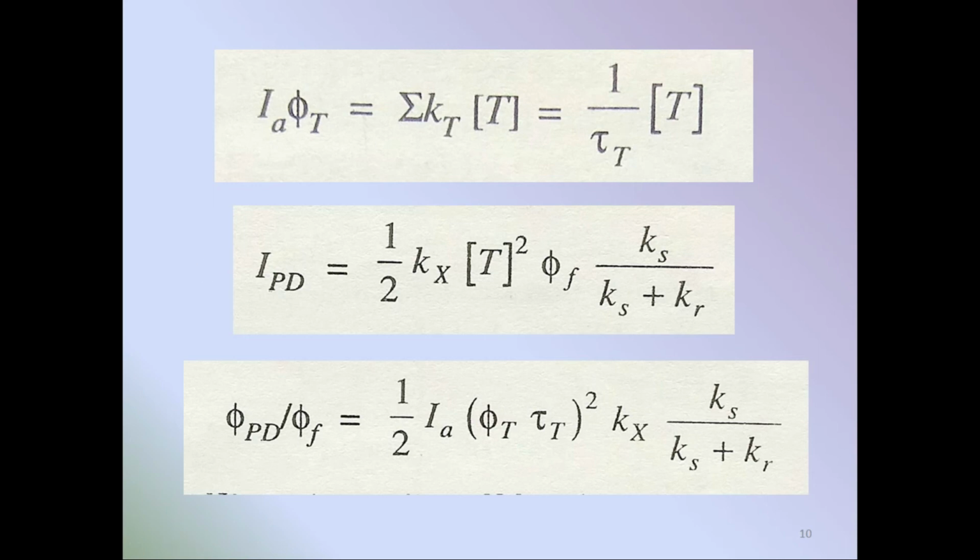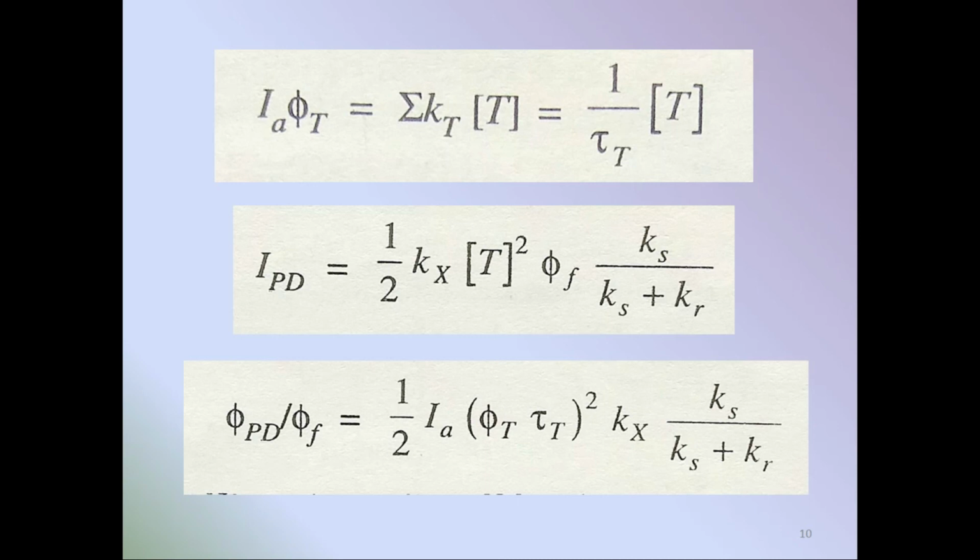Using this law we get the first equation, where tau_T is the lifetime of the triplet. If the intermediate X, which is formed after the collision of two triplets, dissociates very fast, then the rate controlling step is the formation of X by the triplet annihilation process.